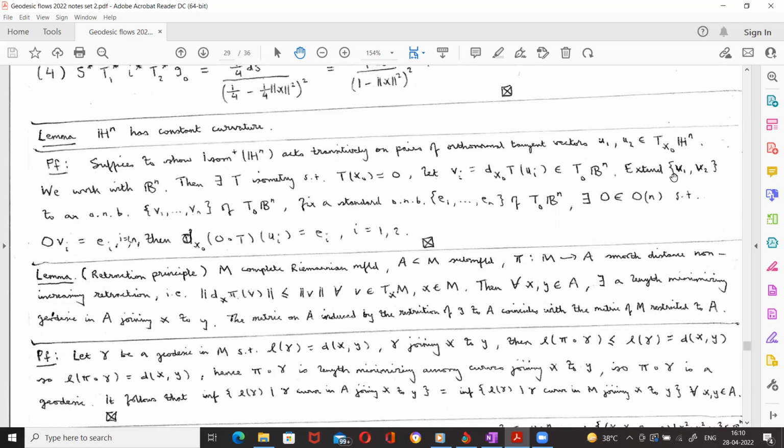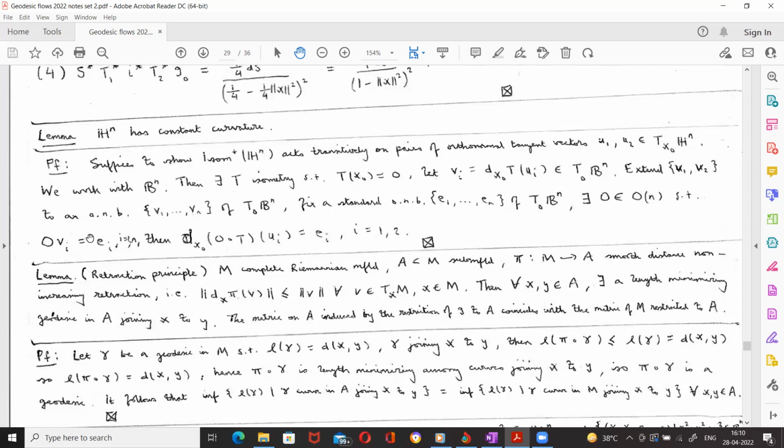Now you take these vectors v1, v2 at the origin and extend them to an orthonormal basis v1 to vn of the tangent space of the ball. And now you fix a standard basis e1 to en of the tangent space at the origin. And now we have an orthogonal transformation O in On which maps the vi's to the ei's, right?